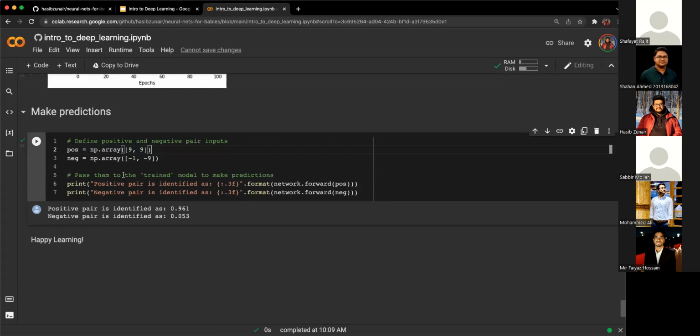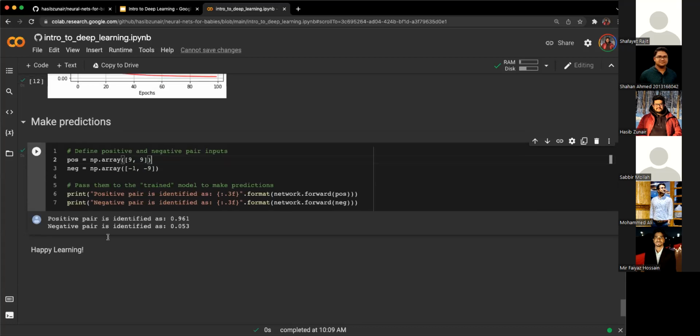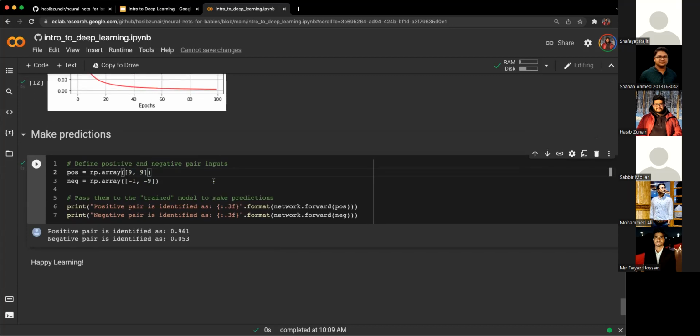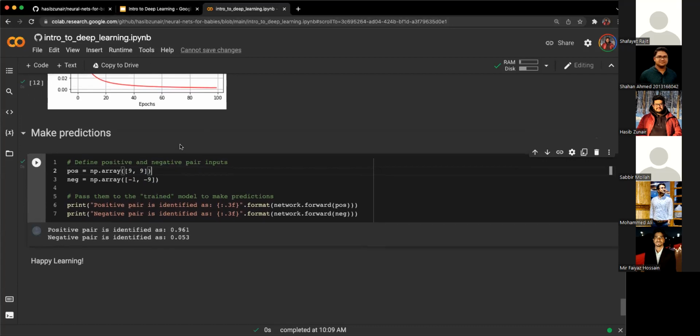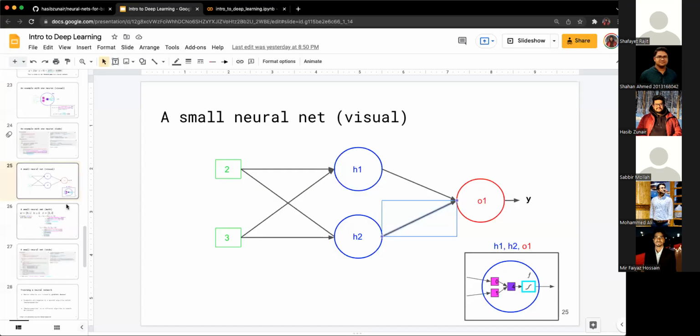That's the way a neural net works. For the positive pair we have a value close to 1, and for the negative pair we have a value close to 0. So we can say from this really simple example that the neural net is doing its job well. So yeah, this goes for the example.